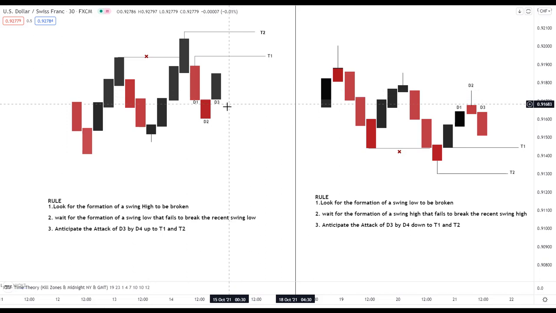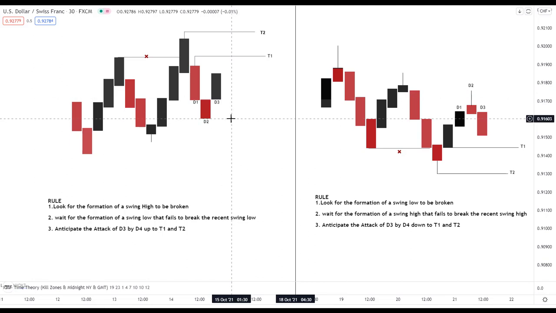Price would fail to go below D2. That's another rule. So if you are very conservative in your approach, and you got an entry somewhere at the 68% or 70% or 80%, as the case may be, you could put a stop at D2.